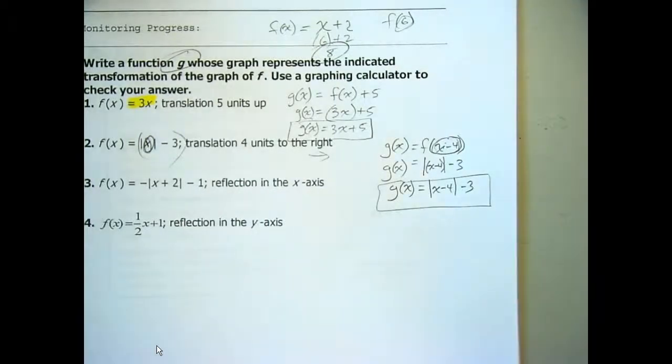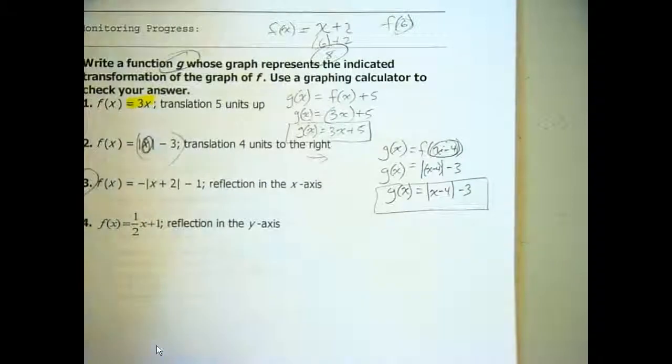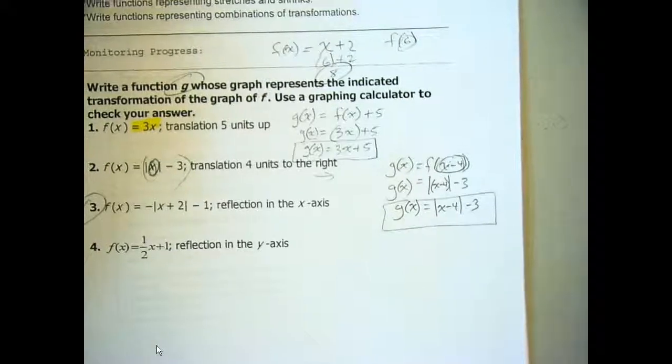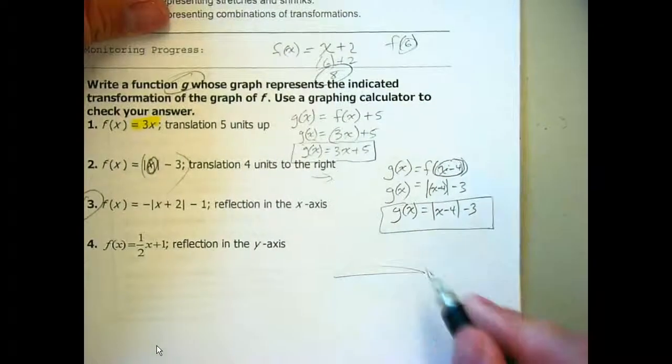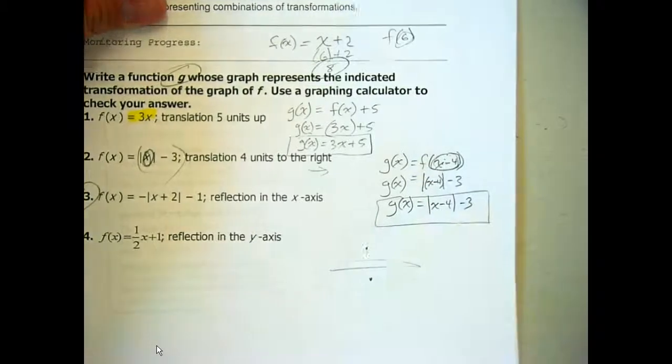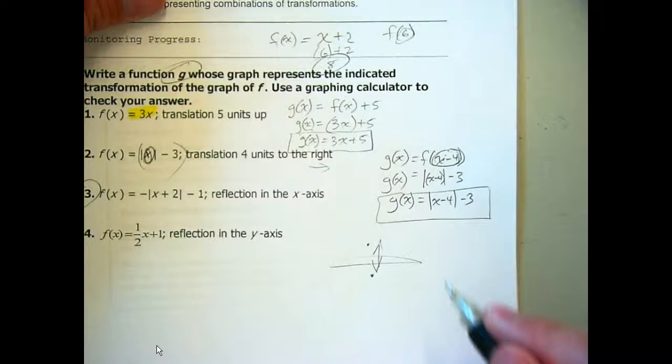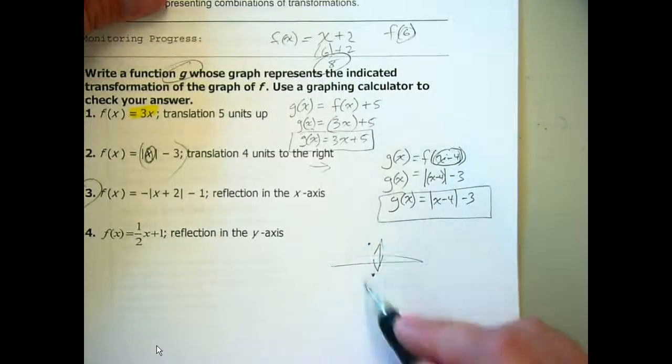Reflect on the x-axis. Is it doing a vertical or a horizontal reflection? Over the x-axis, so if I'm going from here to there, did I go vertically or horizontally? Vertically. So am I changing x or y? Changing my y values.